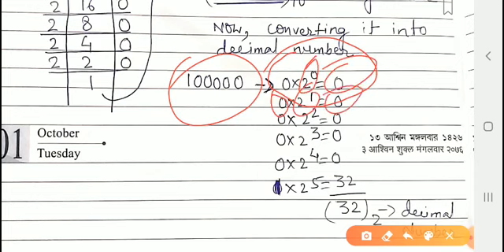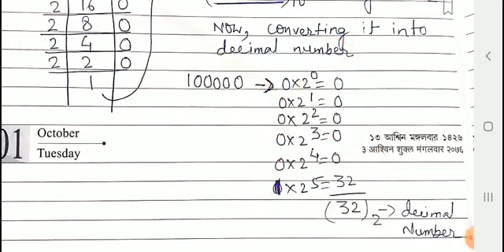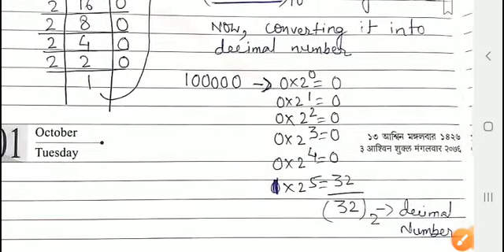Anything multiplied by 0 gives 0. Lastly, the last digit is 1, so we multiply it by 2 to the power 5, and the result is 32.